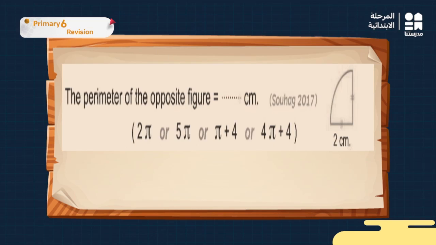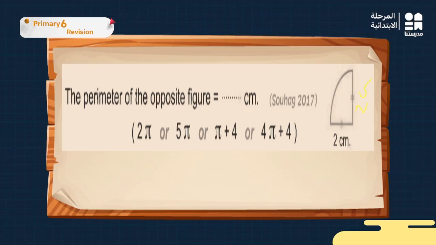This exercise is very nice. Let's look at it part by part. First, it gives me a quarter of the circle. It says the perimeter of the opposite figure equals what? It wants the perimeter of the quarter of the circle. First, here I have 2, and here of course I have 2. Here I have the arc of the circle. To find the perimeter of the shape, first I will find the circumference of the circle and divide it by 4. Once I find the circumference of the whole circle, I will divide it by 4.